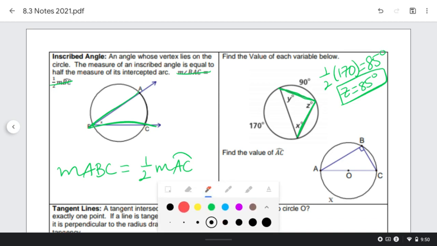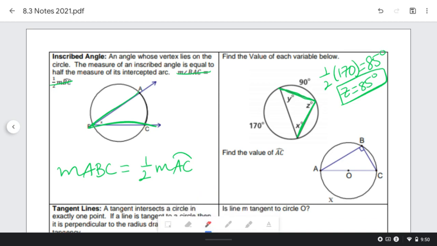And then we can use the arc length 90 to help us find x. So if you notice, x starts there and then it goes there. So that's the angle for x. And that's half of 90. So that's 45 degrees. So x is 45 degrees. And we still have y.